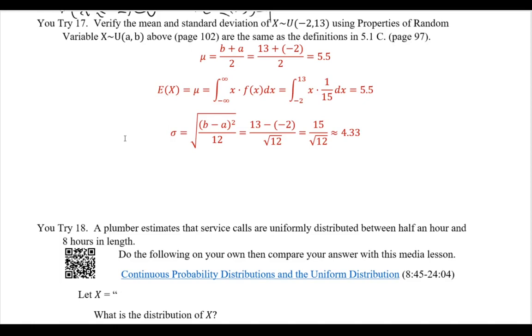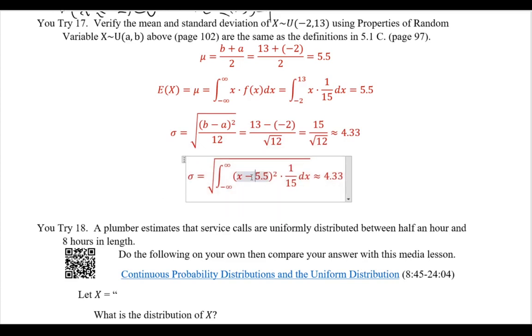For the standard deviation from page 102, we can take the square root of the variance, which is the range squared divided by 12. Take the square root of that, and all we're left with is the range divided by the square root of 12, which in this case would be 15 over the square root of 12, which is approximately 4.33.